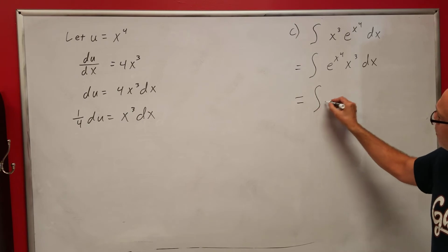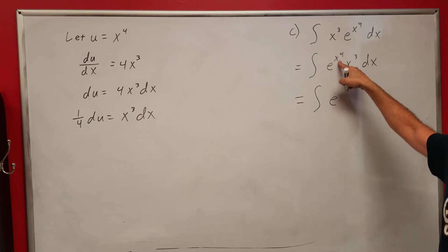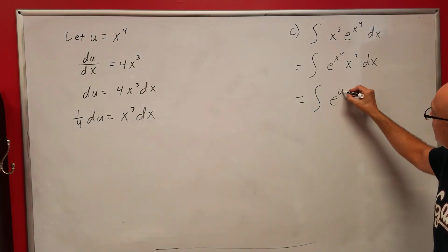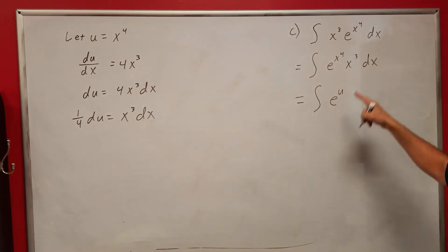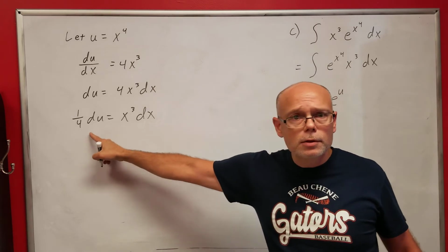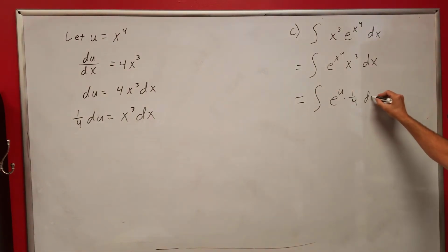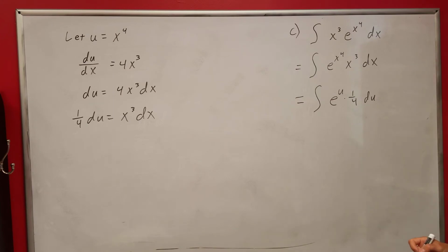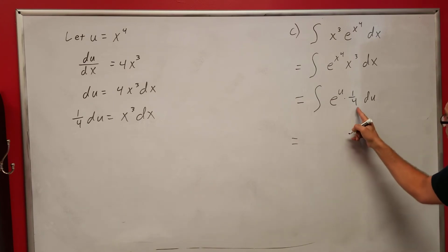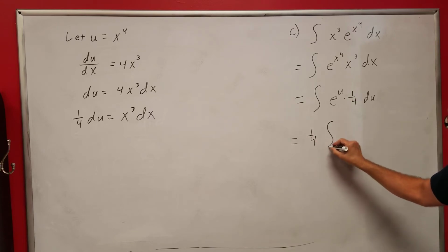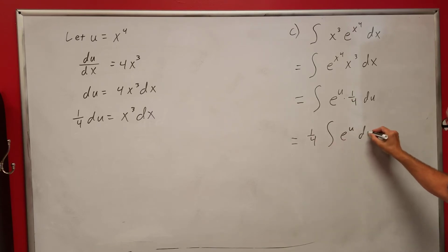So we have the integral of e to the what? x to the fourth we said was what? u? e to the u. What's x cubed dx? x cubed dx is also known as 1/4 du. So times 1/4 du. Now what do we do with this constant multiple? Bring it to the front. 1/4 times the integral of e to the u du.